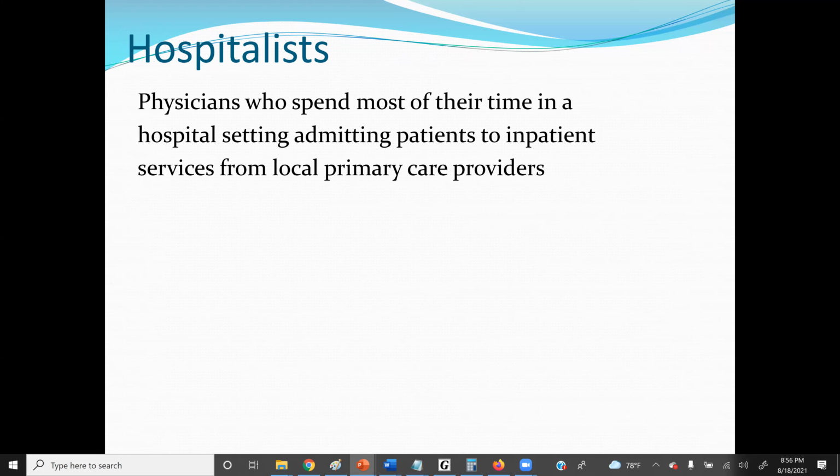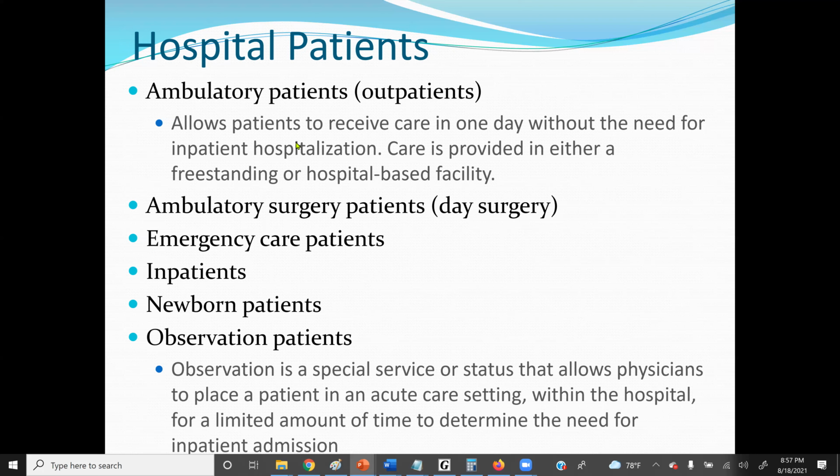And hospital patients can be outpatients, which are ambulatory patients. These patients are not allowed to stay overnight in the hospital. So normally these patients are allowed to receive care in one day without the need for inpatient hospitalization. Care is provided in either a freestanding or hospital-based facility.